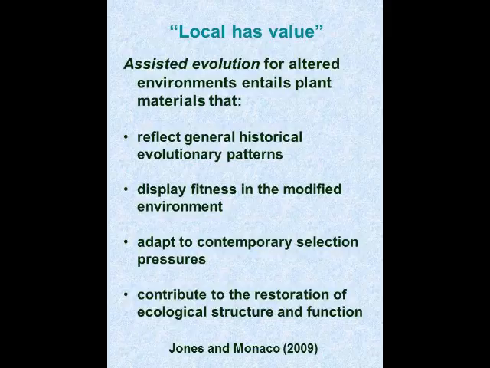Second, they display fitness in the modified environment, not just the previous pristine environment, because most restoration environments have been modified. That's why we're doing restoration with them, or attempting to do restoration. Third, they must be able to adapt to contemporary selection pressures. And last, contribute to the restoration of ecological structure and function, not just the taxonomic entities that are in place. So that's what assisted evolution is about.